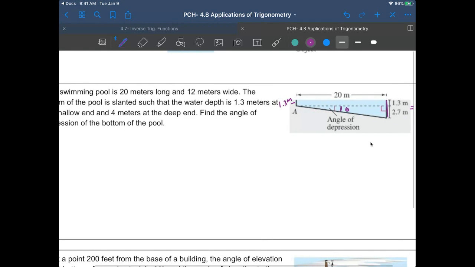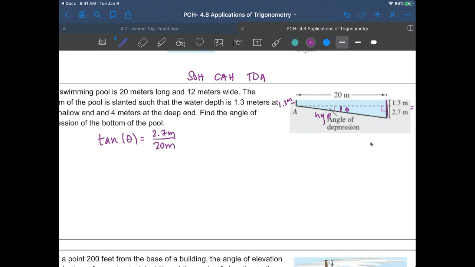Since this is a right triangle, I'm going to use tangent of theta is equal to, using my SOHCAHTOA rules, opposite would be 2.7 meters over 20 meters. Okay, this is my hypotenuse.